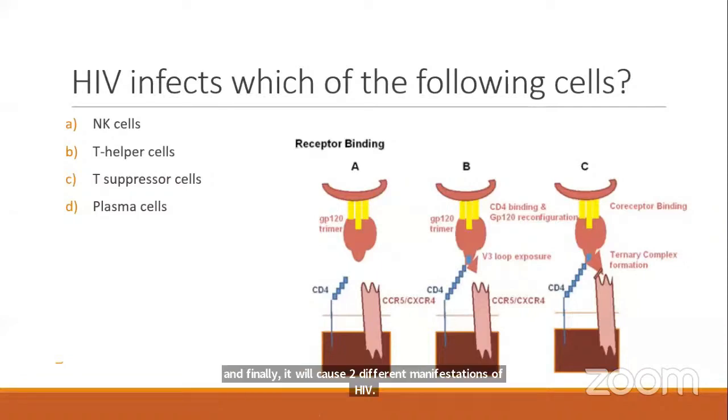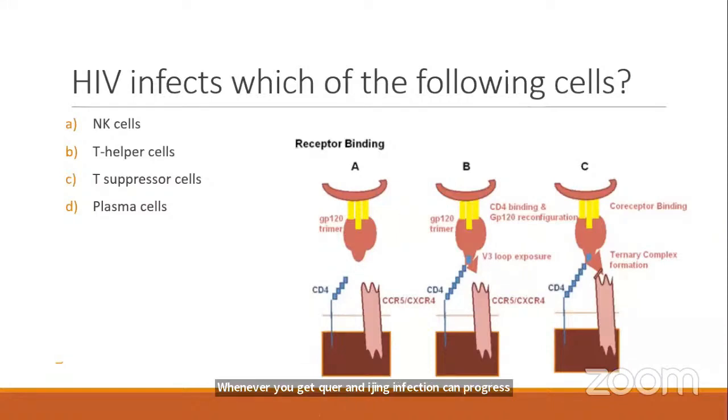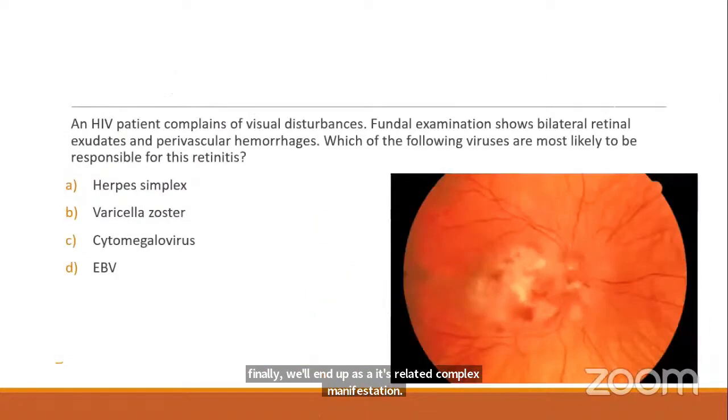Whenever you acquire an HIV infection, it can progress through different stages: acute HIV infection, symptomatic stage of clinical latency, then persistent generalized lymphadenopathy, and finally it will end up as an AIDS-related complex, wherein you will see multiple opportunistic infections.